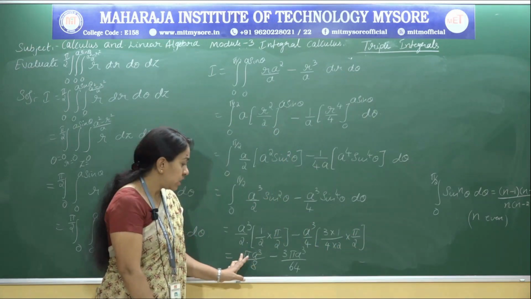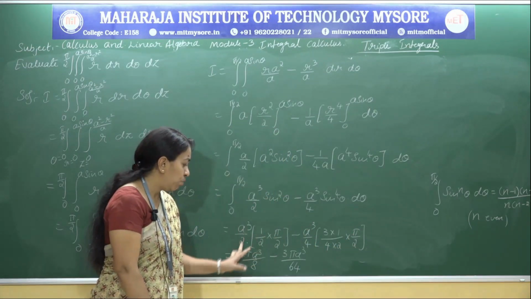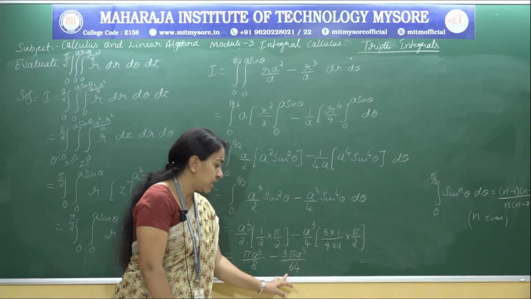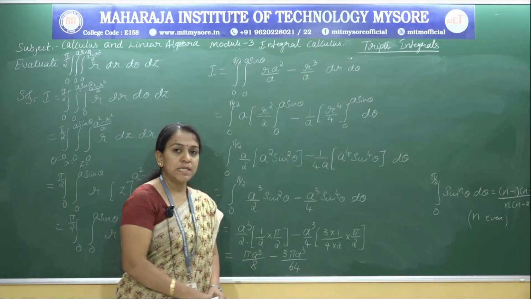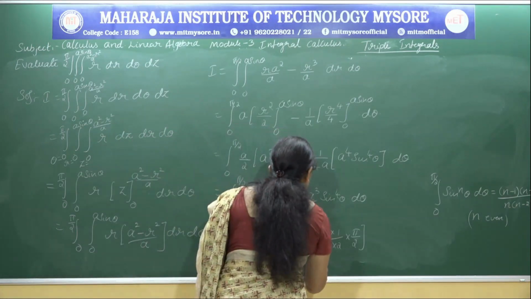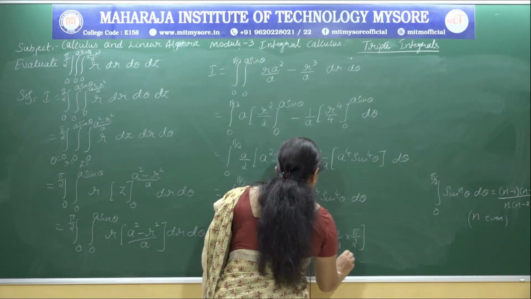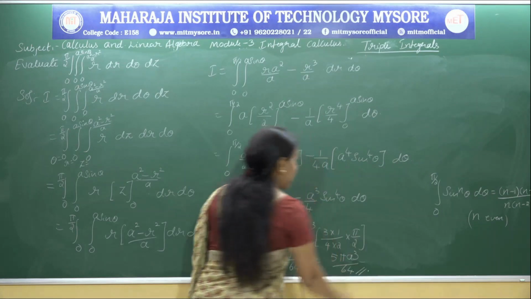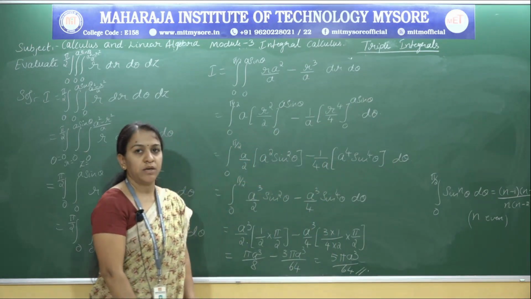If I simplify this, we have pi a cube by 8 minus 3 times pi a cube by 64. If I take the LCM as 64 and simplify, we have our final result as 5 times pi a cube by 64, which is our required result.